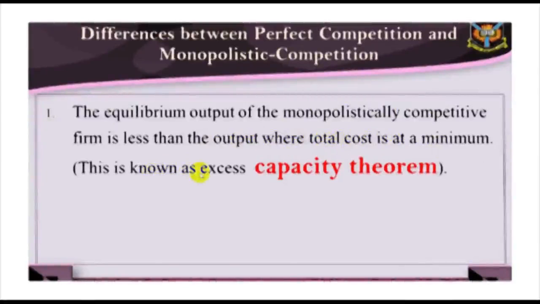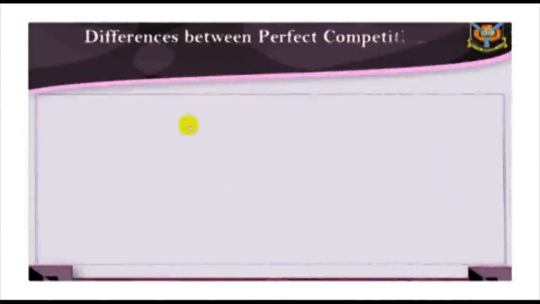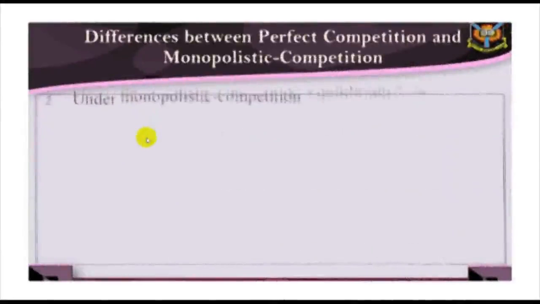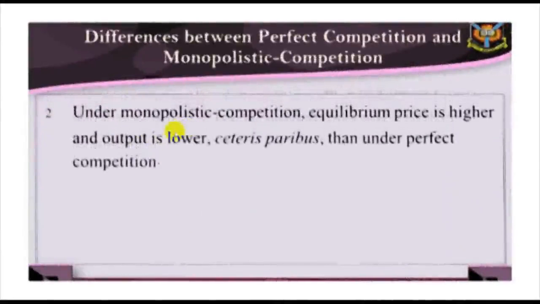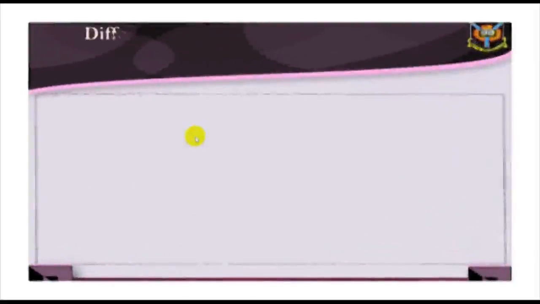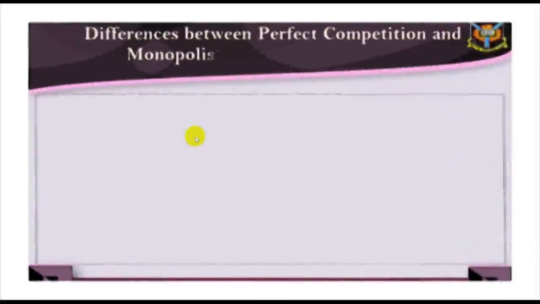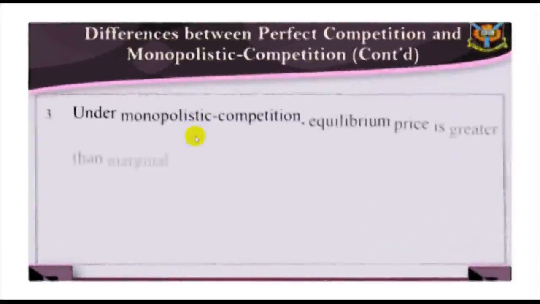Number two, under monopolistic competition, equilibrium price is higher and output is lower than under perfect competition. Number three, under monopolistic competition, equilibrium price is greater than marginal cost.